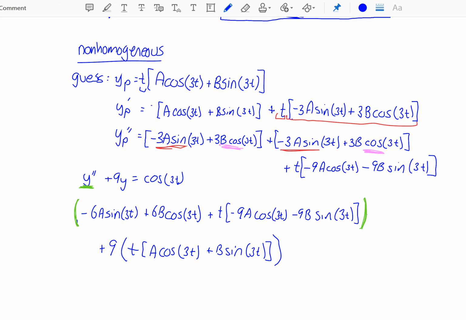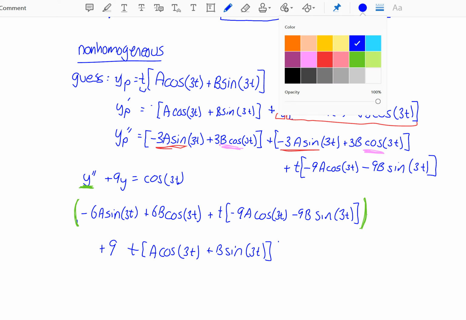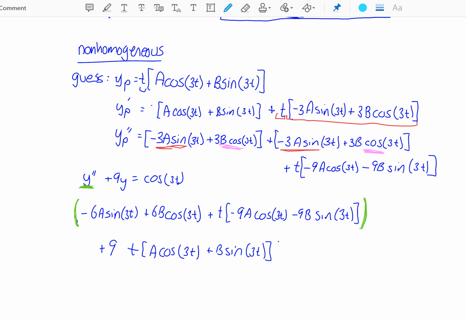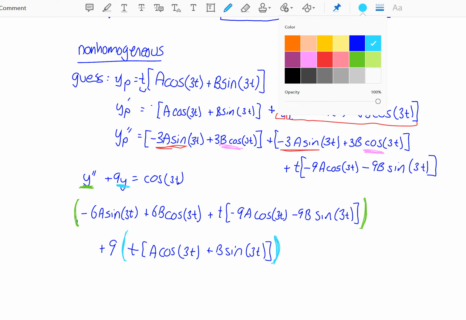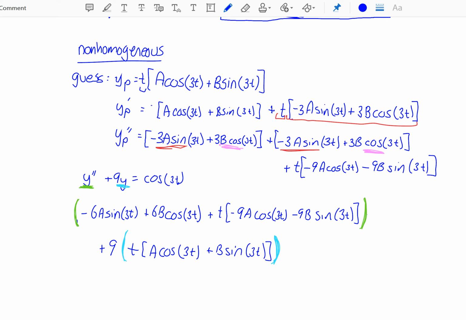And if I do some colored grouping again, then this represents the 9y that we had there. And now somehow this all has to equal cosine of 3t.